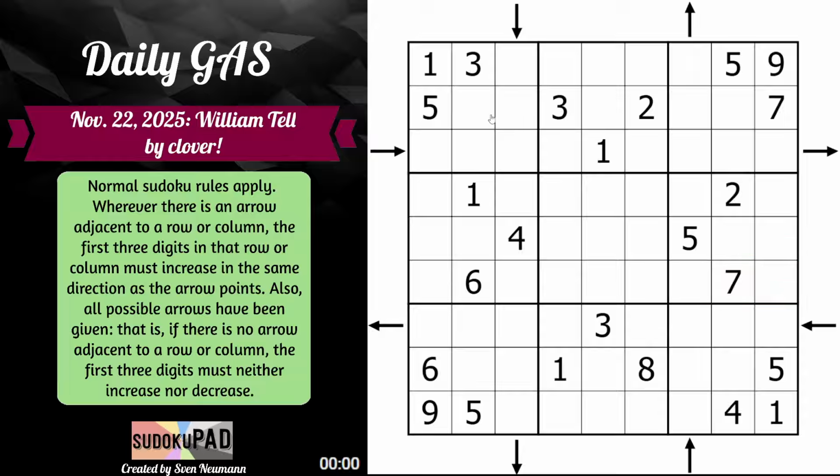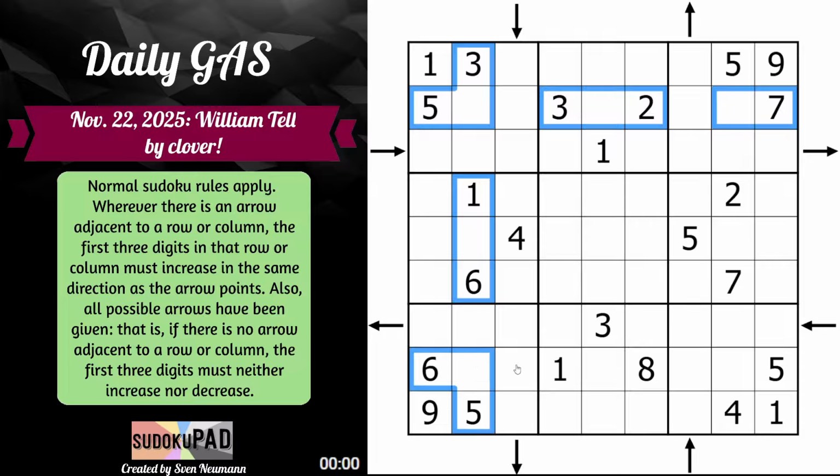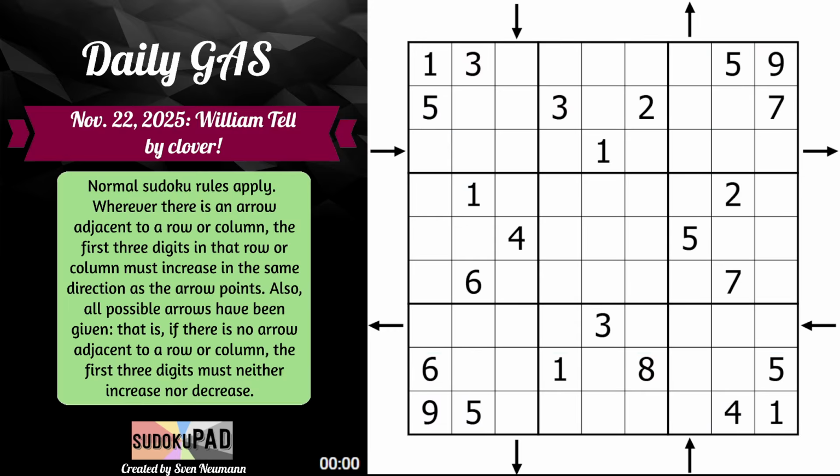So around the grid, we essentially will get these cells that have to be the highest of their set. And of course, anywhere where we have these arrows, we need to make sure we're following those thermometer rules. That was a lot of rambling there, but hopefully that all made sense. Those are the rules. Let's just jump right into it.